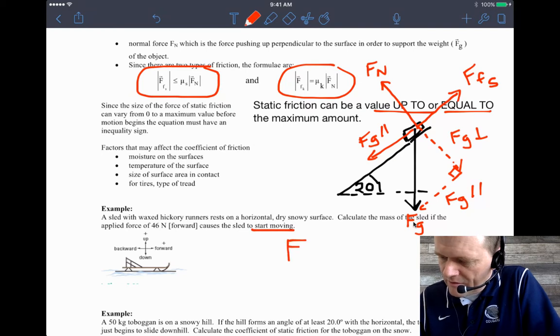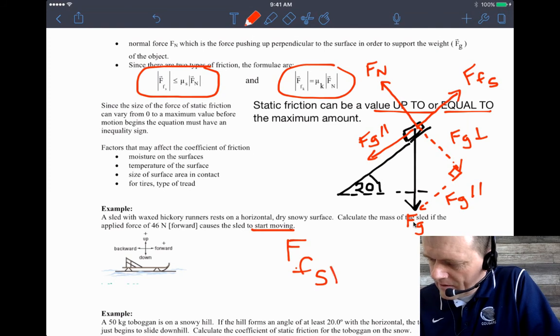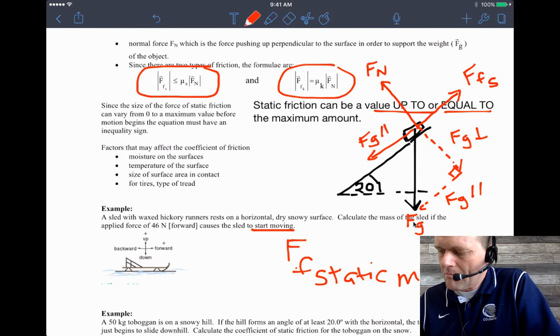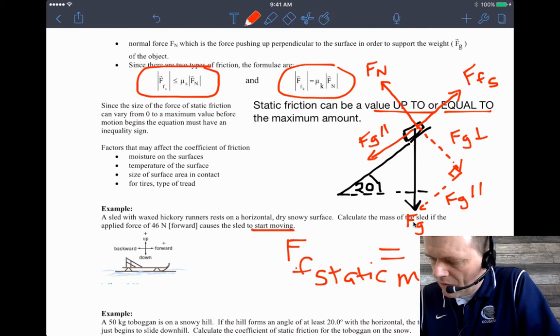So if that's the wording, what you're really thinking is this. We would say that the force of friction, static, and in this case, I know I'm writing this a bit clumsy here, it's the maximum amount. So the force of static friction maximum will just equal the coefficient of static friction times the normal force.